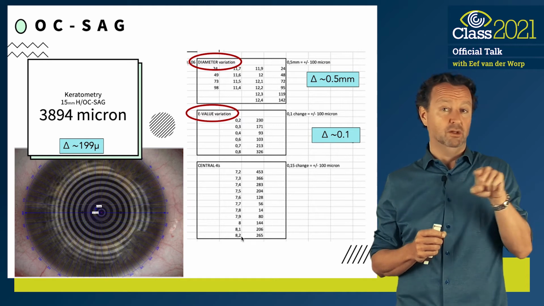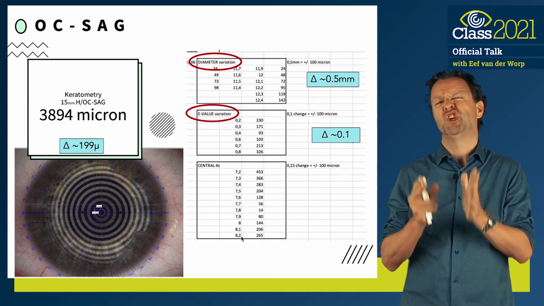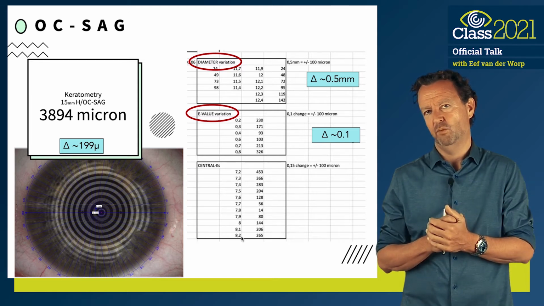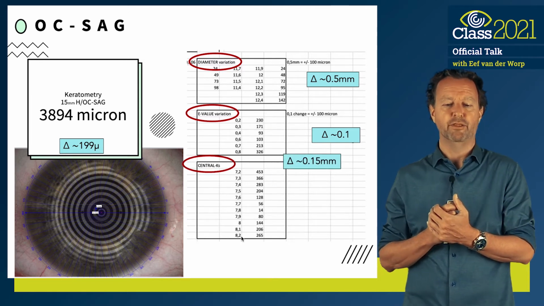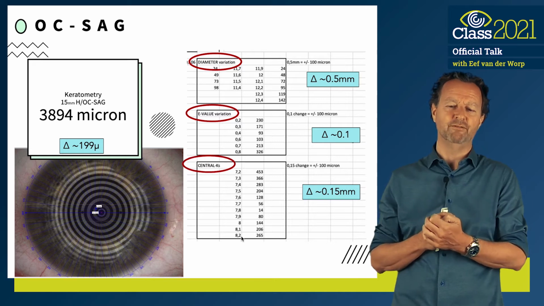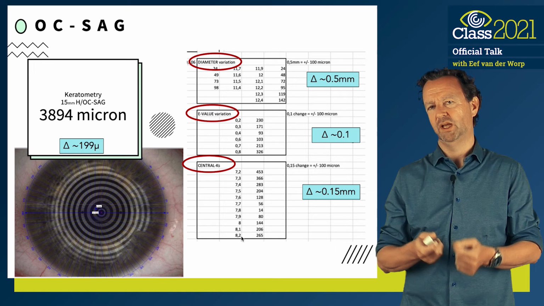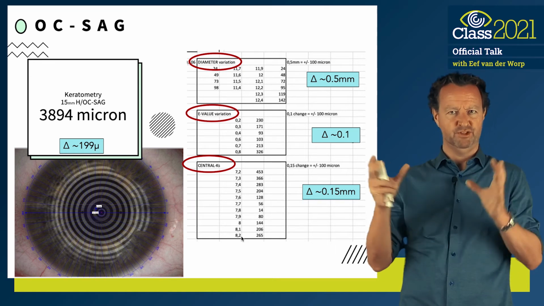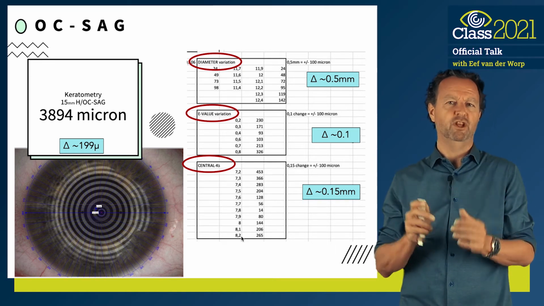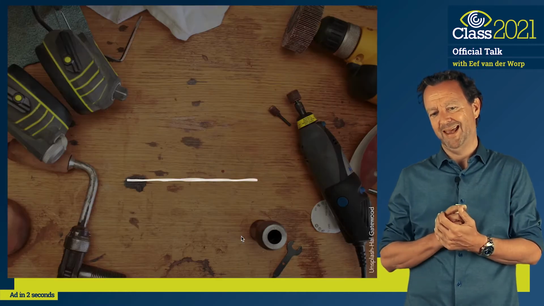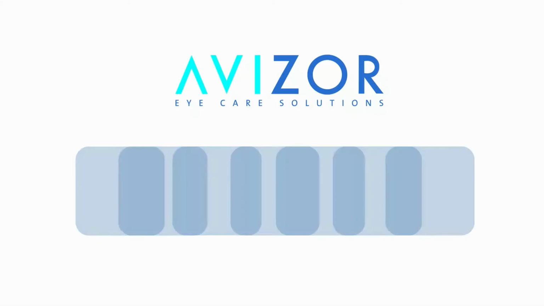With the calculation that I showed you, we just assumed the E-value is 0.5. We don't know that with a keratometer. And then the third one is the central curve itself: a 0.15 millimeter difference will give you a 100 micron difference. So you know roughly what the variance is that you can get using this method.